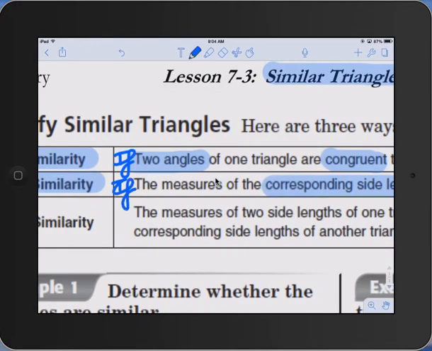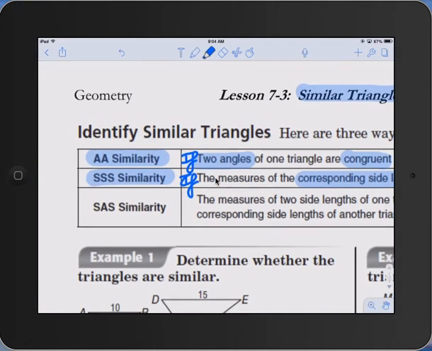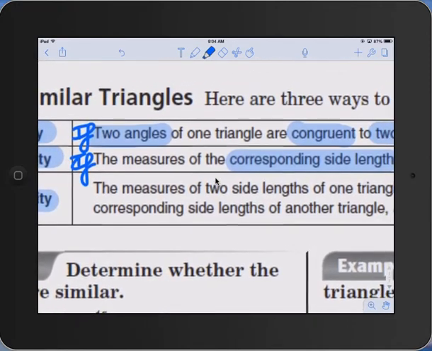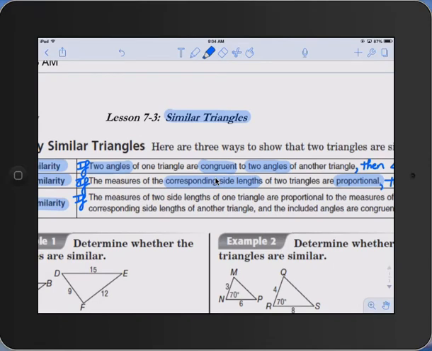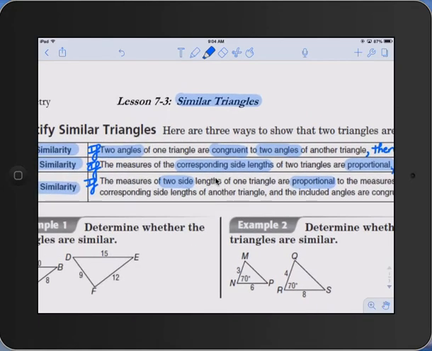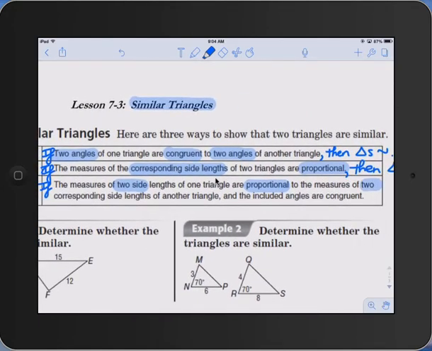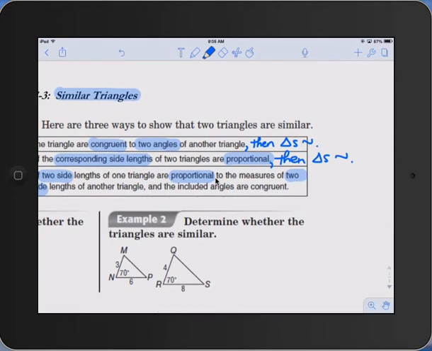And then the third one is called side angle side similarity, very similar to when we did congruence. If the measures of two side lengths of one triangle are proportional to the measures of two corresponding side lengths of another triangle, and the included angles are congruent, then the triangles are similar.